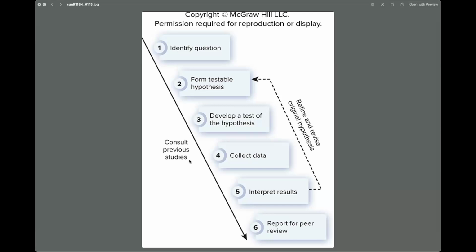My students in Environmental Science 22 learn all about scientific papers. They spend the entire semester on one scientific paper that they adopt. But we learn a whole lot about how they're written, how they're structured, how they're revised. And so here you have a simplified view of the scientific method. For example, it only has 6 steps here, and I think there might be 7 or 8.